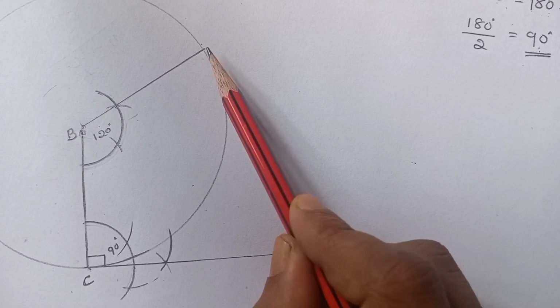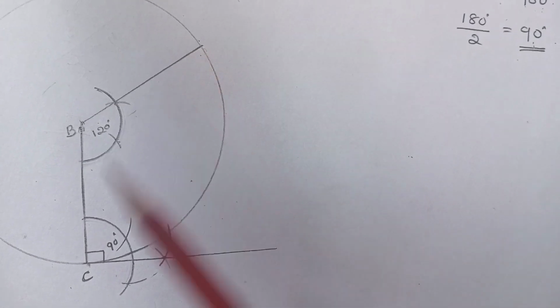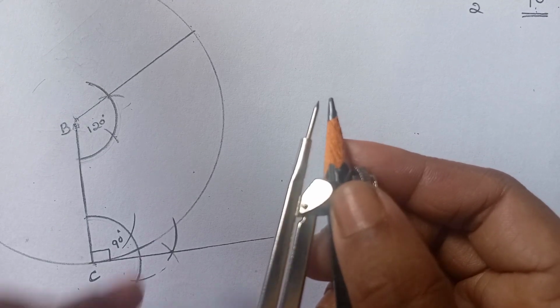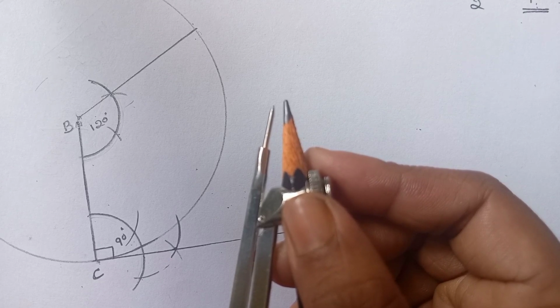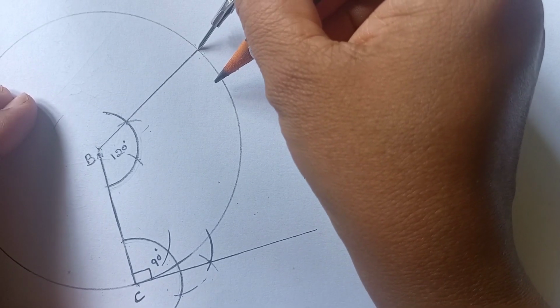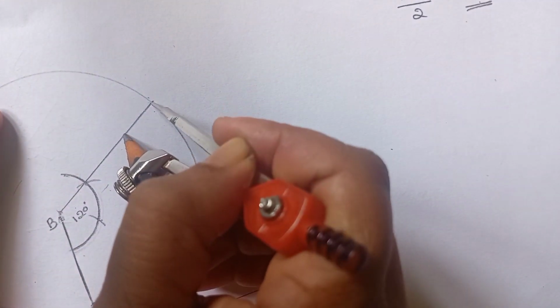Here also we have to mark 90 degree and we have to follow the same steps that we followed here. Now to mark 90 degree at this point, let us adjust our compass to any measurement of our wish. Let us keep the compass at this point. Draw an arc.